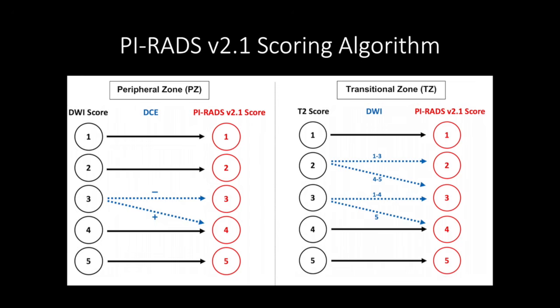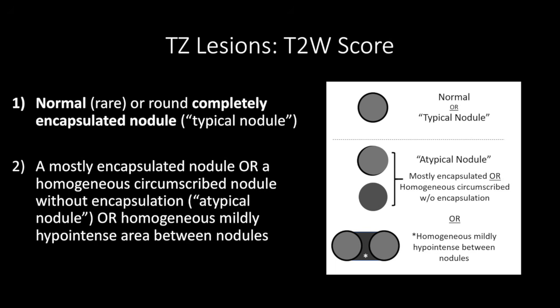Okay, so now let's talk about the TZ, which can be a little bit more complex and a little bit more challenging. Again, the primary sequences in the TZ are the T2 weighted sequences. So a score of 1 refers to a normal TZ, which is pretty rare in older patients that we're imaging because most people have BPH changes or benign prostatic hyperplasia changes in the TZ.